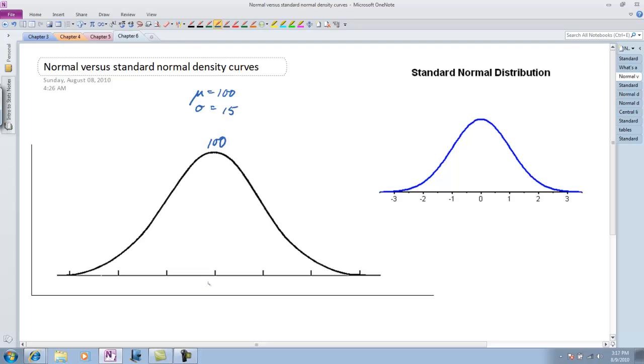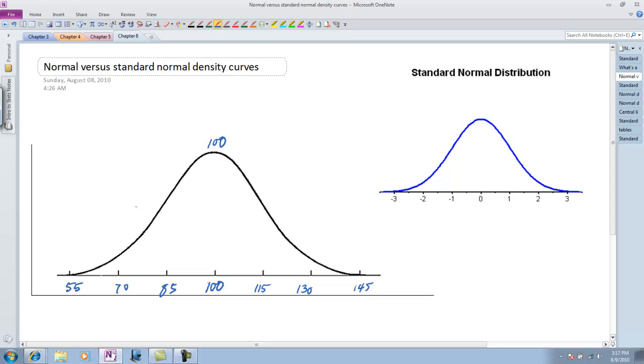One standard deviation to the right would be 115, 130, and 145, as we've seen on other videos. To the left, 85, 70, and 55. And this curve would be bell-shaped. That's our expectation because IQs are normally distributed.